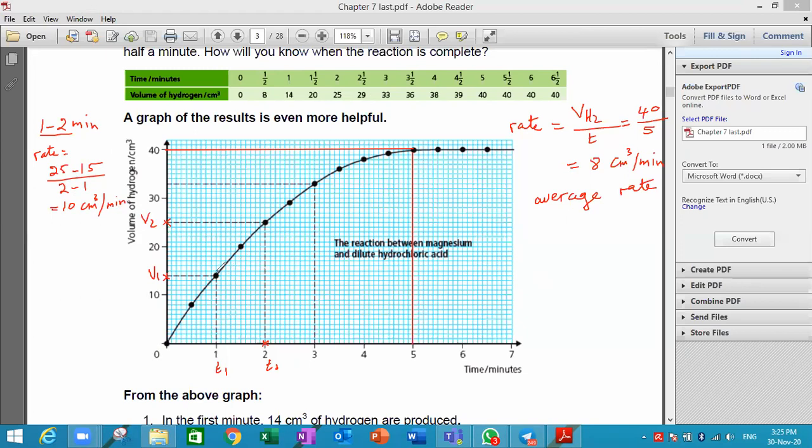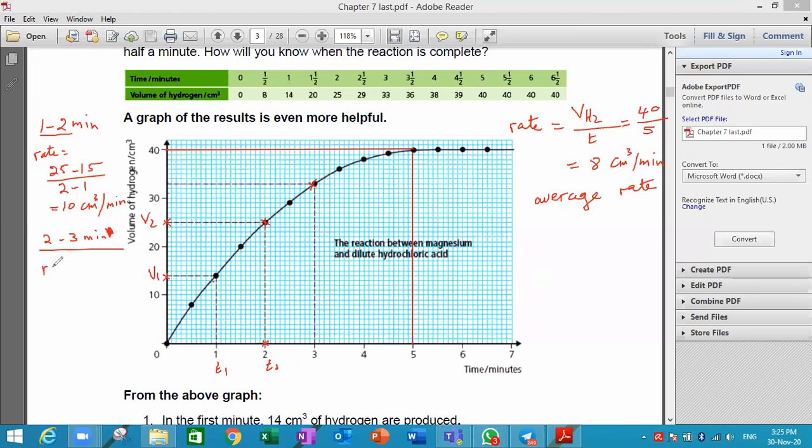Okay, so between minutes 1 and 2, we get the rate equals V2, which is 25 minus V1, which is 15 divided by 2 minus 1. Okay, what if I take the rate between minutes 2 and 3? So we will say here the volume was 31, 32, 33.